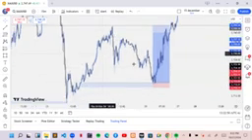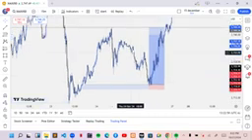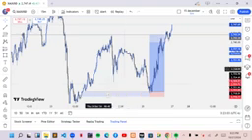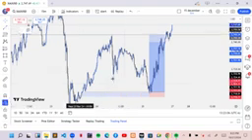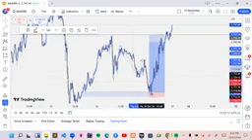So this is your POI, and let's assume that price was here. Price has not gotten to this POI, and while price is approaching this POI, it was making a series of lower highs and lower lows.